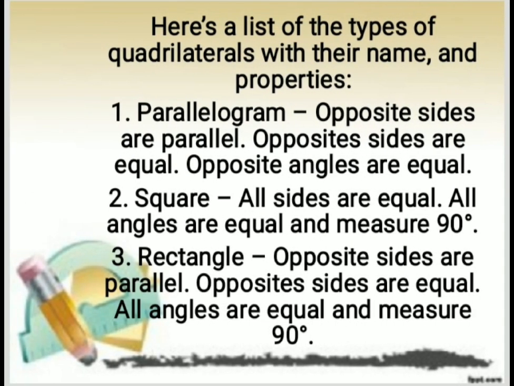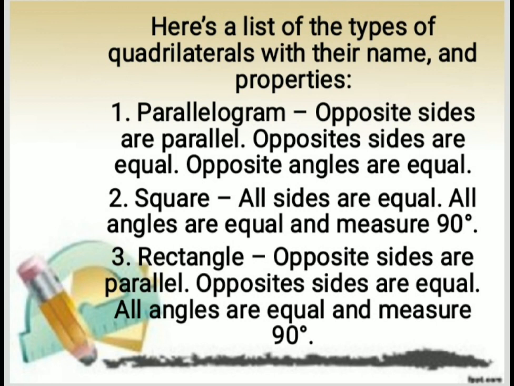Here's a list of the types of quadrilateral with their name and properties. Parallelogram: opposite sides are parallel, opposite sides are equal, opposite angles are equal. Square: all sides are equal, all angles are equal and measure 90 degrees.